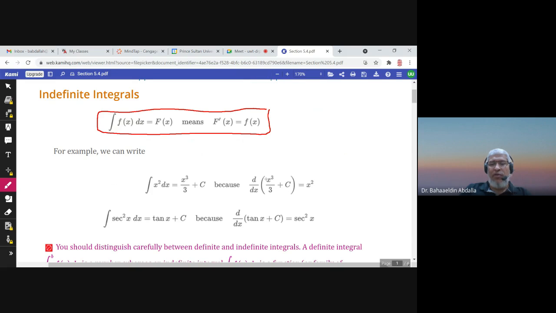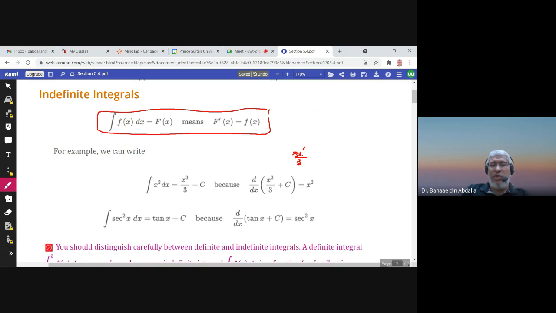The derivative of x cubed is 3x squared over 3. So 3 cancels with 3. And the derivative of c is 0. So the derivative of this would be x squared. So that's why the integral of x squared is equal to x cubed over 3 plus c.